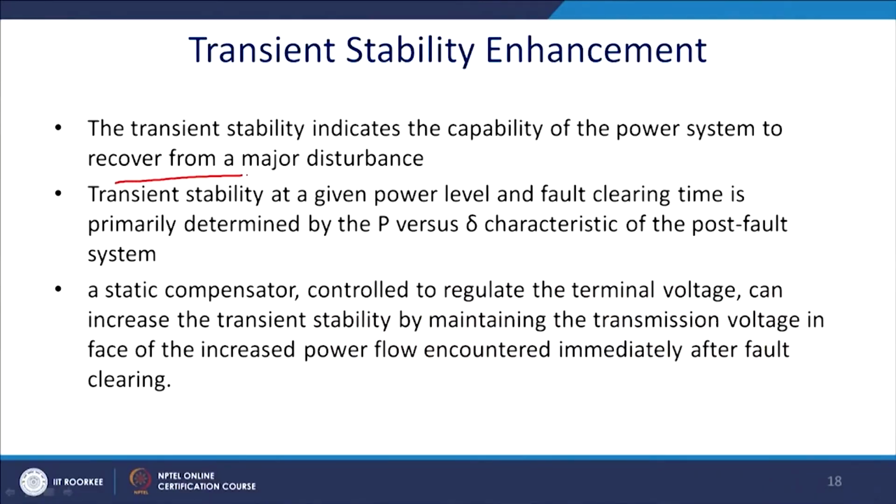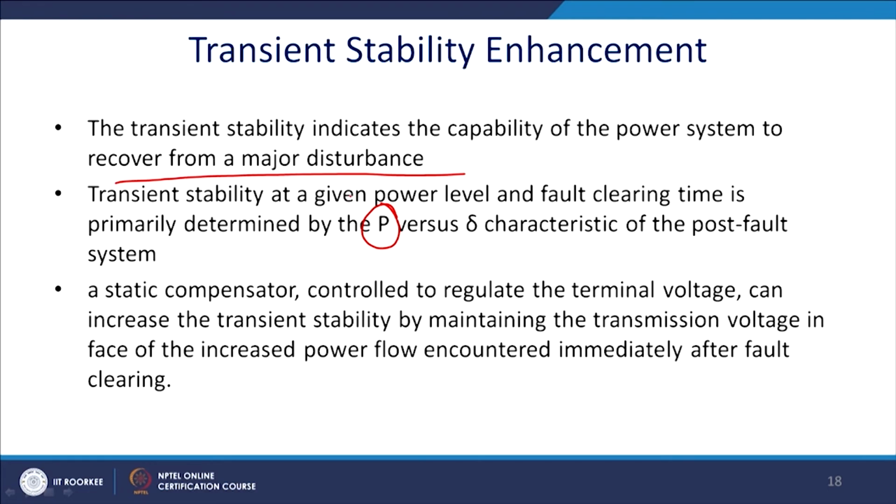Now, transient stability with SVC. This transient stability indicates the capability of the power system to recover from the major disturbance. Transient stability at a given power level or the fault clearing time is primarily determined by the power it is actually handling at that moment and the torque angle delta and the post fault system condition.